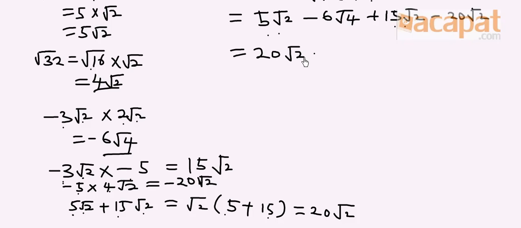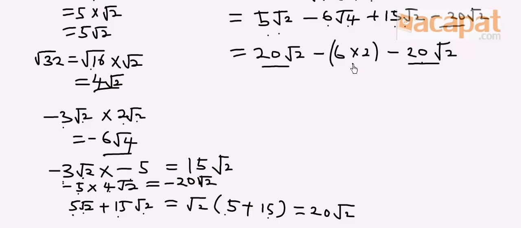So I have this as minus, this is 6 here, square root of 4 here is 2, so that's 6 times 2. So I have minus 20 root 2 left here, so this will be minus 20 root 2. So that 20 root 2 here minus 20 root 2 cancels out.